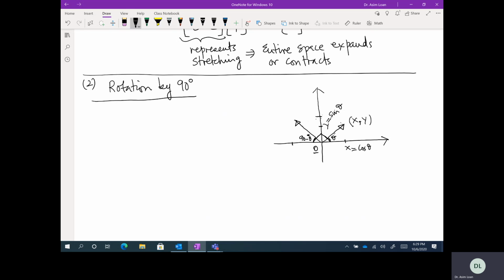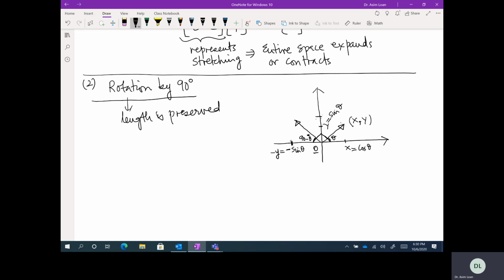Obviously, rotation means length is preserved, so length is not changed. So this one is cosine of 90 minus theta. Cosine of 90 minus theta is cosine 90 cosine theta plus sine 90 sine theta. So this is actually sine theta, which is simply y.